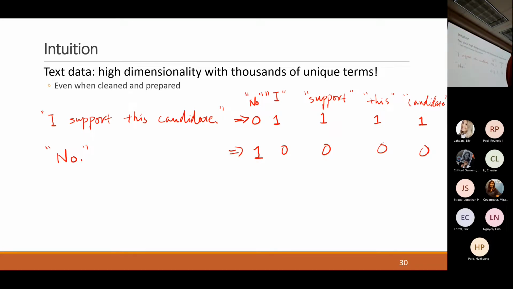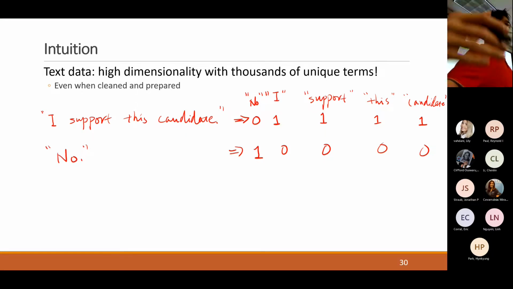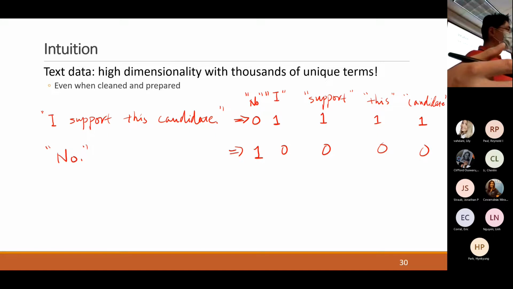So that's where you hit the limitation. So the language model is basically trying to do better than this. So how to improve and where to improve is basically the dimensionality. There are too many columns to efficiently summarize the documents.